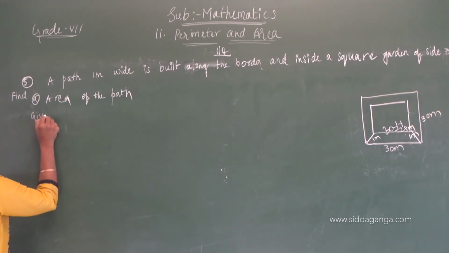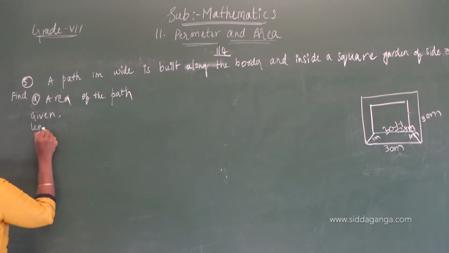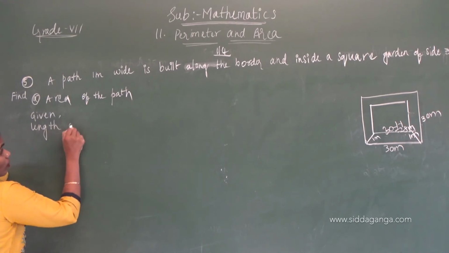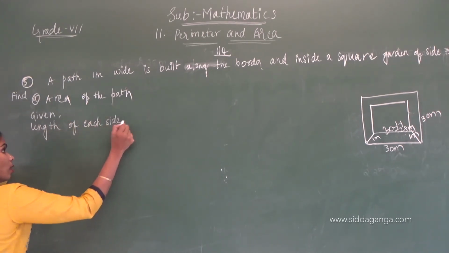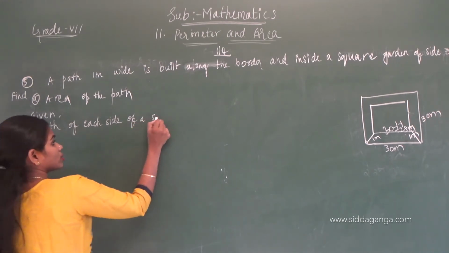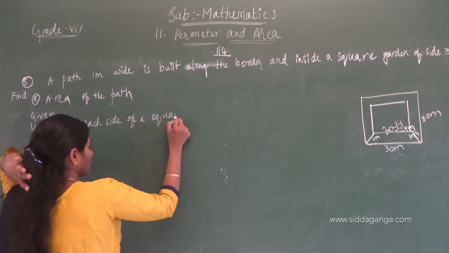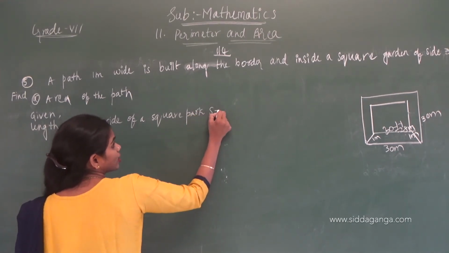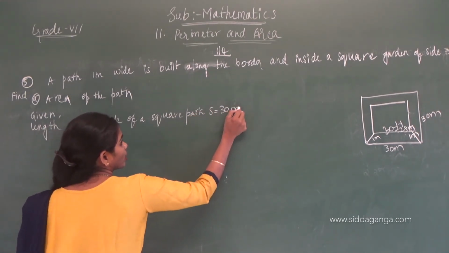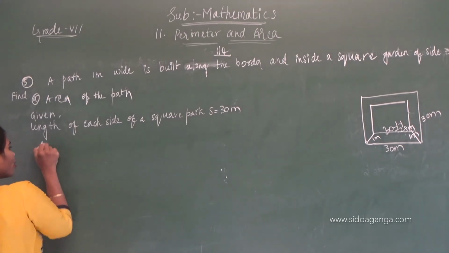Given: length of each side of a square park, S equals 30 meters. Correct? What we have to find first?